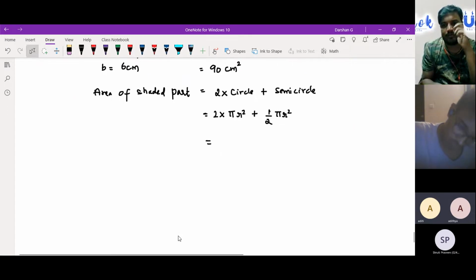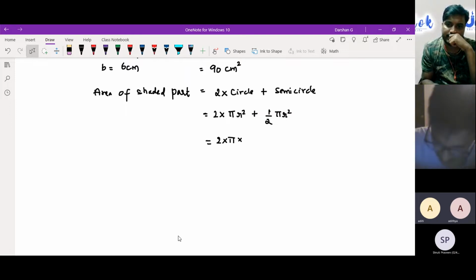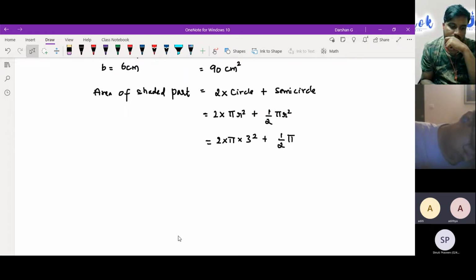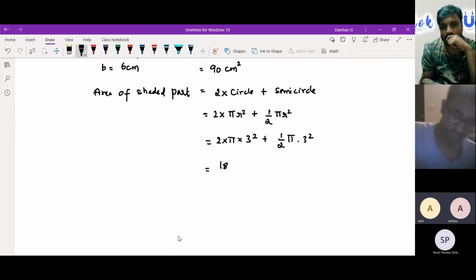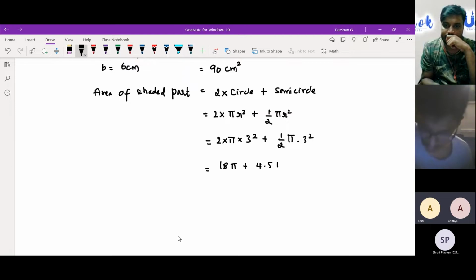So you have to take 3.14. So 2 times pi into r, which is 3 squared, plus half of pi into 3 squared. So it is 9 twos are 18, 18 pi plus 9 by 2, that is 4.5 pi. So this is equal to 22.5 pi.